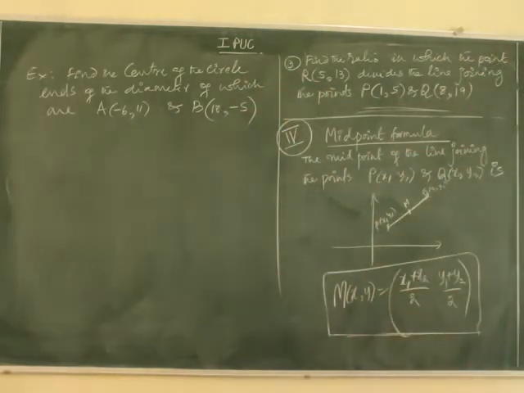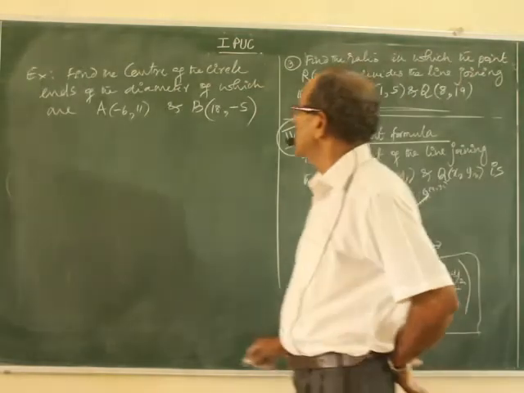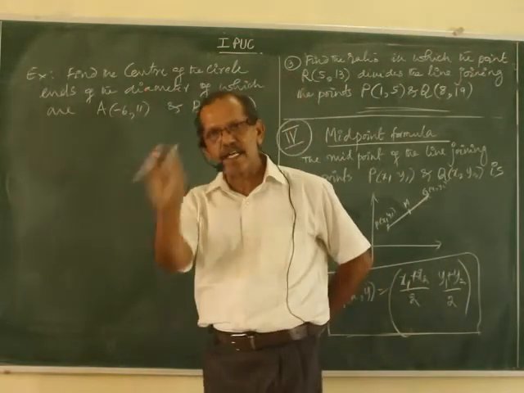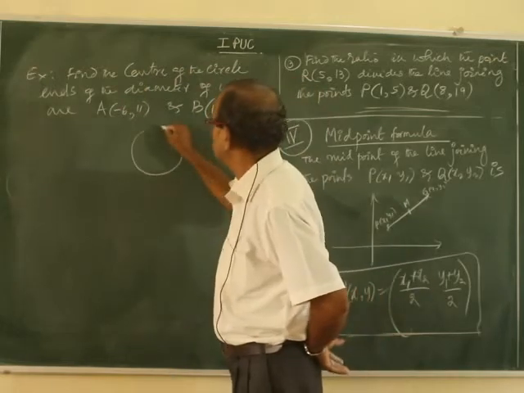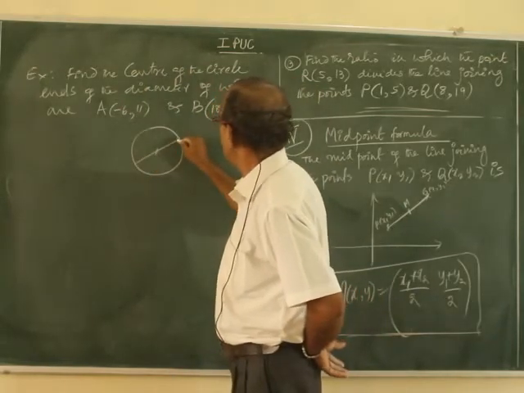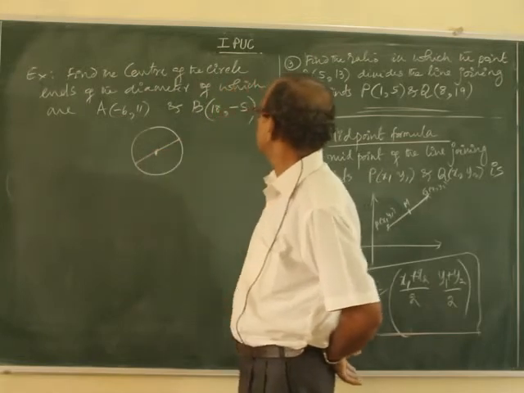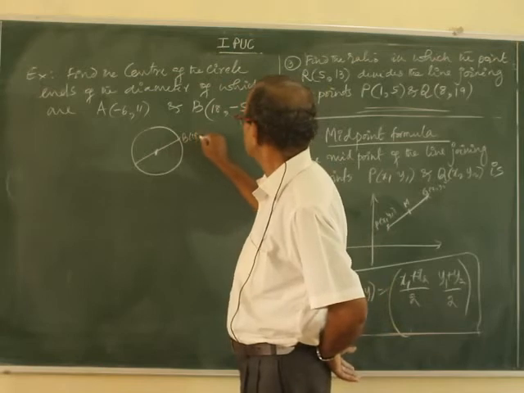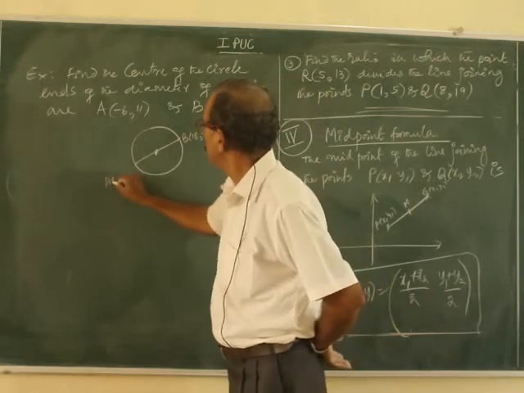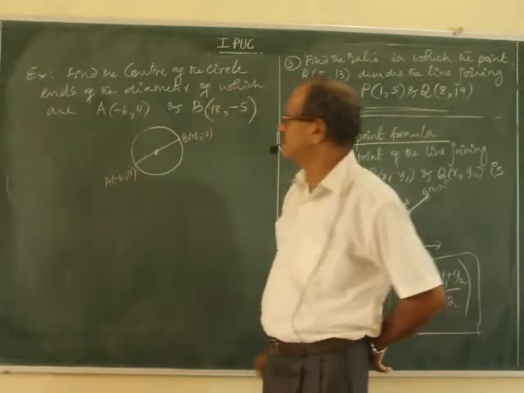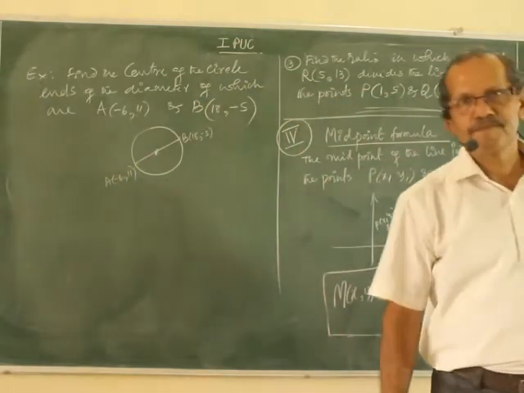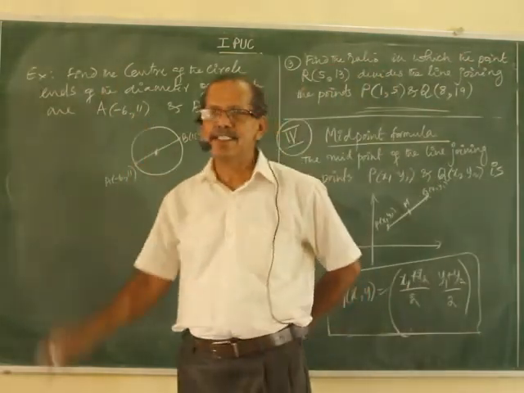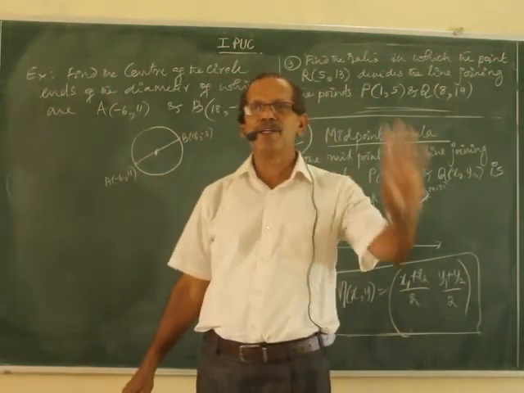Direct question. Ends of the diameter when given, how to find the center? It is nothing but the midpoint. In the circle, ends of the diameter are given, find the center. Instead of asking you to find the midpoint only, indirectly it is given. Actually, you have to find the midpoint only.